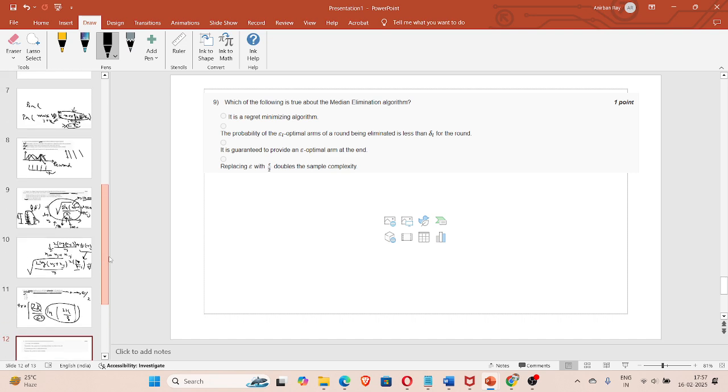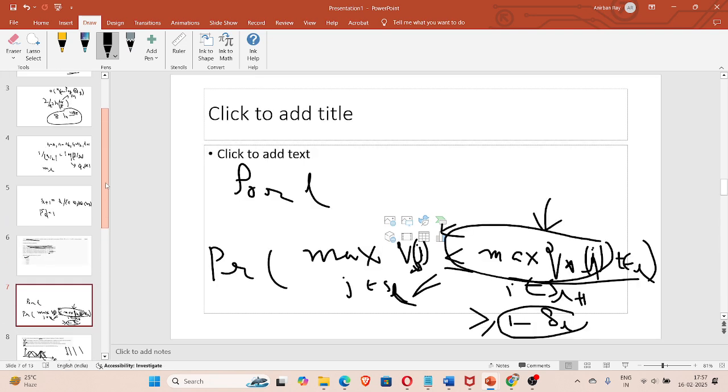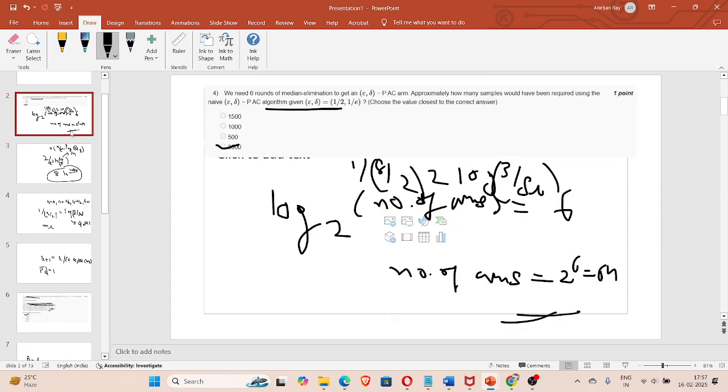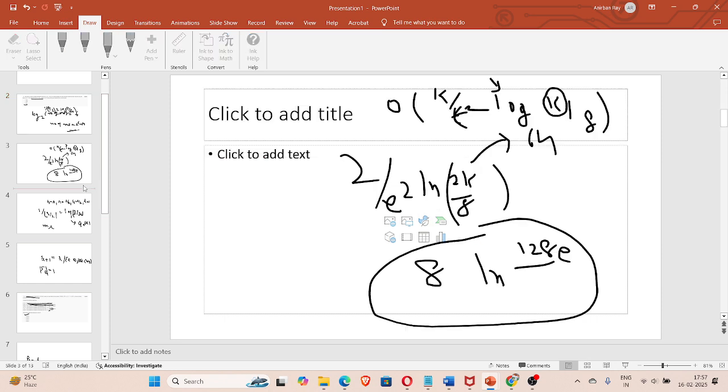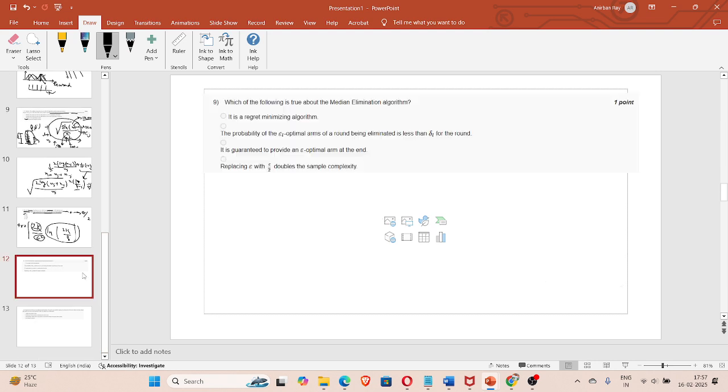I have explained the median elimination algorithm before, but my handwriting wasn't too great here, so let me go through that again. What is true about the median elimination algorithm?